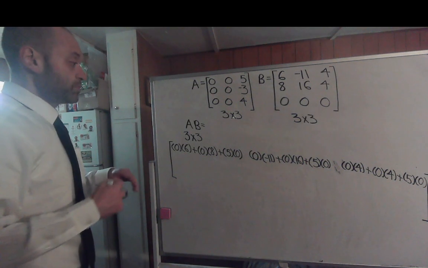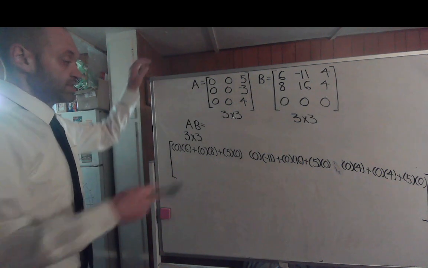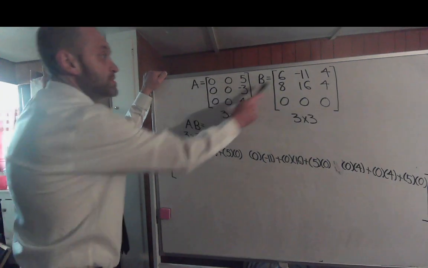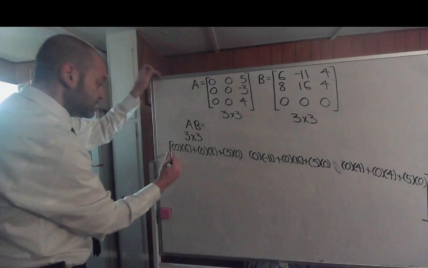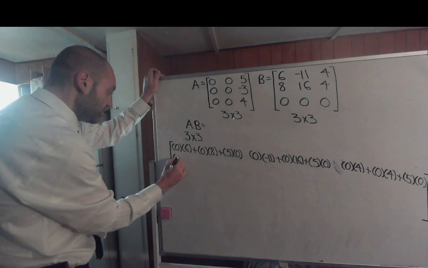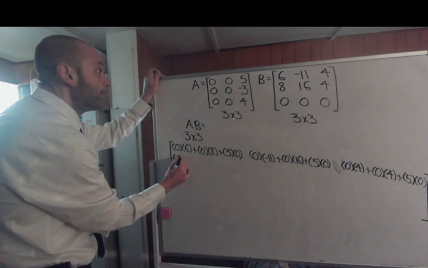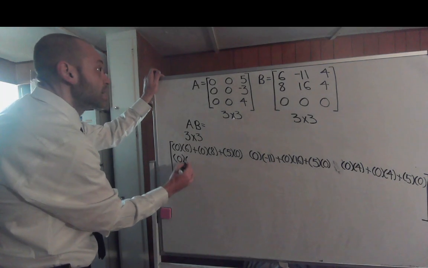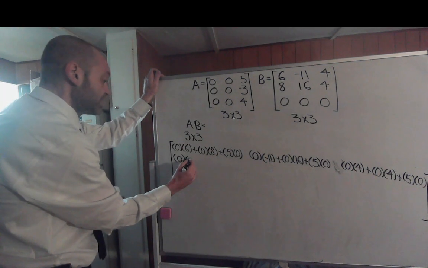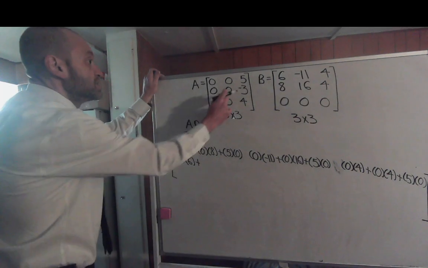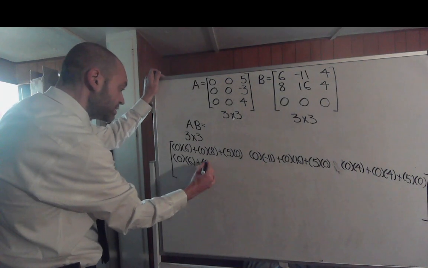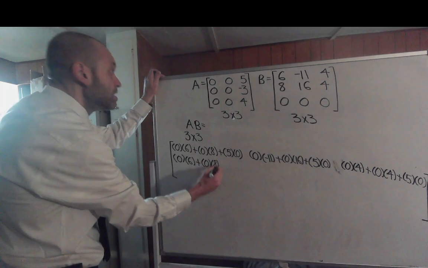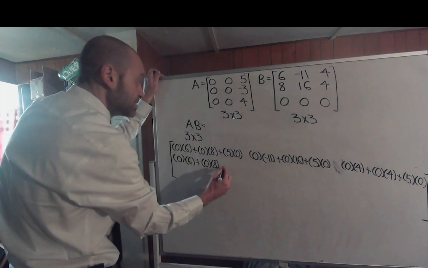Now let's do the second row times the first column. So that's going to give you 0 times 6 plus 0 times 8 plus -3 times 0.